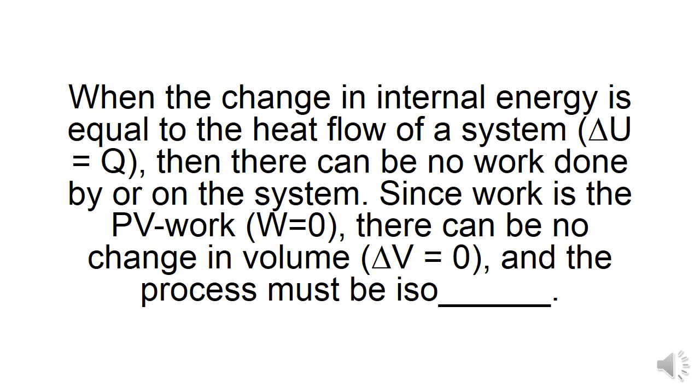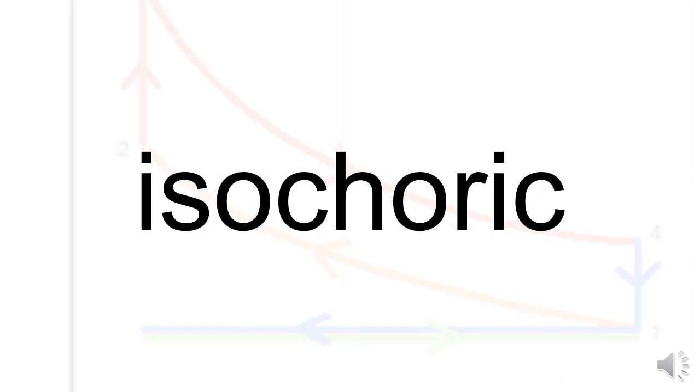Since work is PV work, and W equals 0, there can be no change in volume. And the process must be iso blank. When there's no change in volume, it's considered iso what? All right, so the process is isochoric.